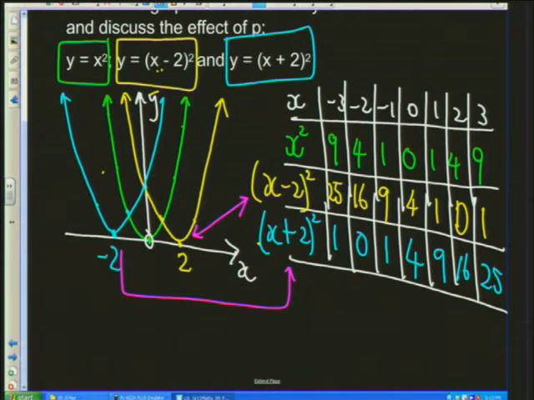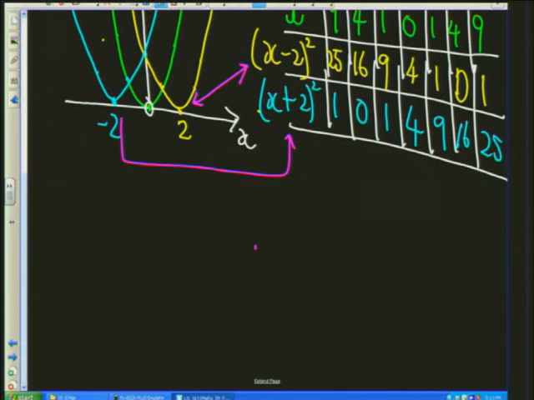So we can make some deductions from the work that we've done. So I can actually generalize and say, if y equals x minus p squared, then I can take two types of p values because I've got p as 2 and I've got this p as -2.